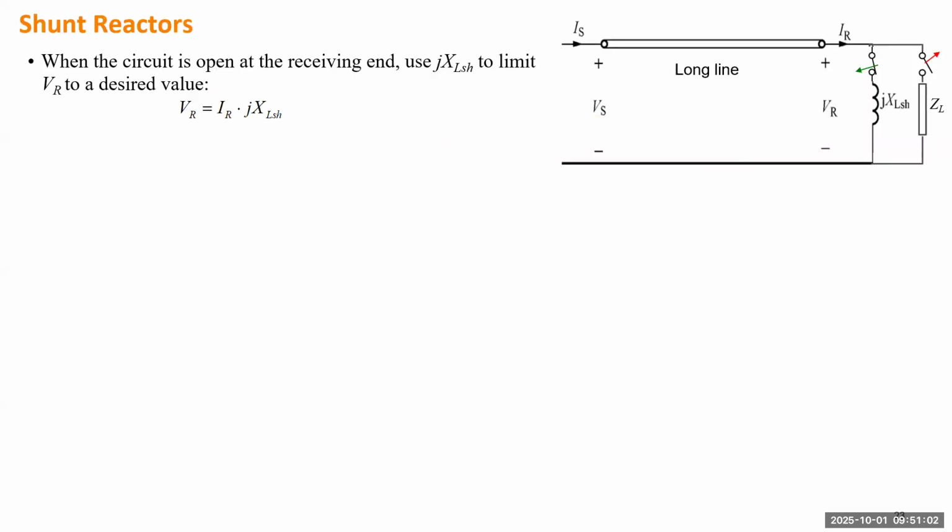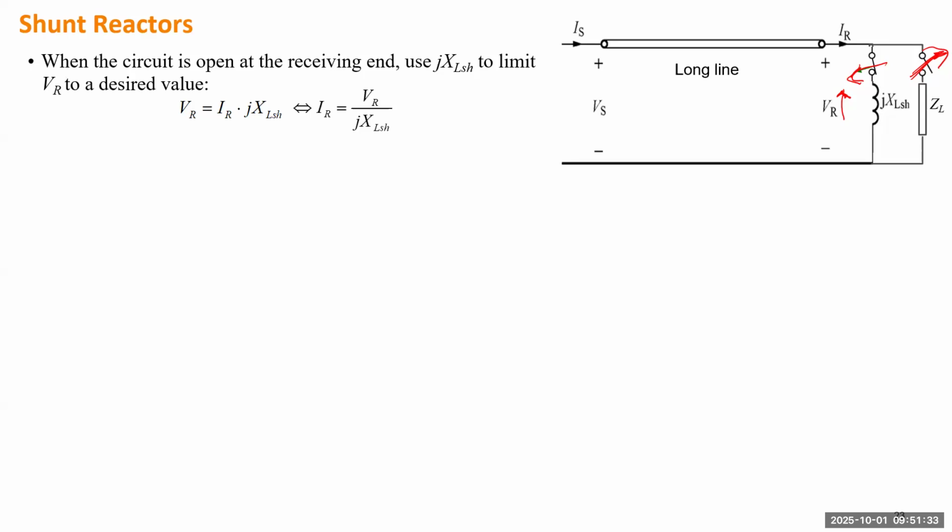Okay, so let's talk about the shunt reactor. The shunt reactor is needed when the load circuit is open, and the voltage on the receiving end will increase. If the line is very long, this voltage can be very high. Then you need to switch in a shunt reactor. Let the shunt reactor behave as a new load to limit the voltage.